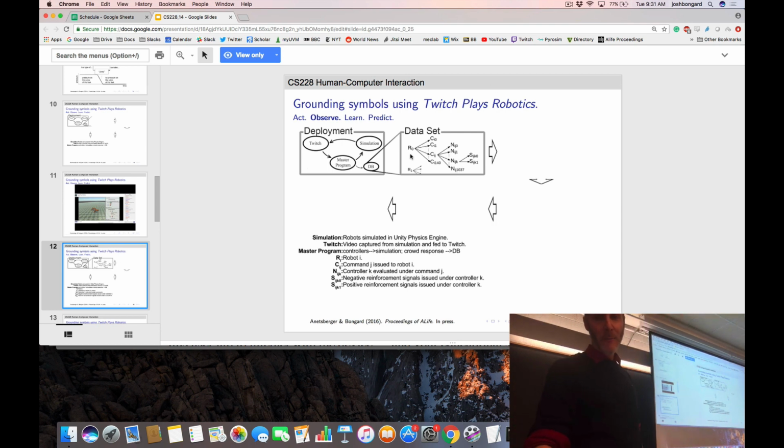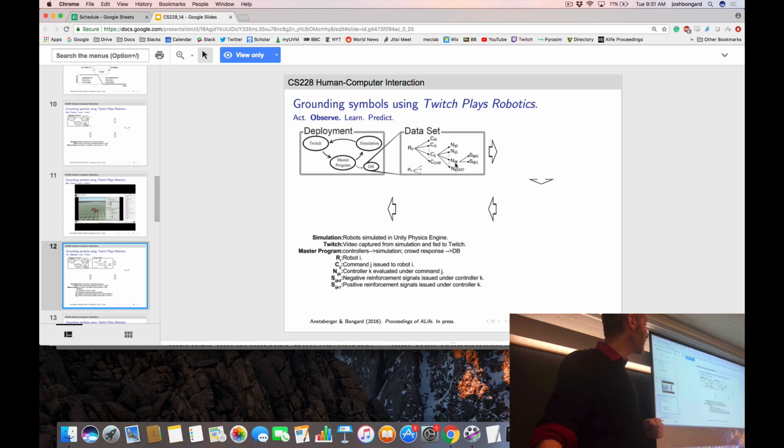So we have the worm robot. It heard, for example, the command JUMP. And under the command JUMP, it did this, then it did this, then it did this, and then it did this. One simulation after another. For each one of those simulations, for each one of those actions, people could then type in yes, the robot is jumping, or no, that robot is not jumping.